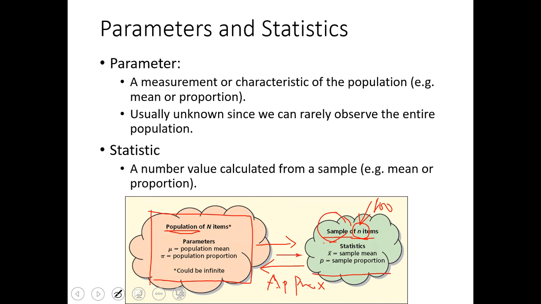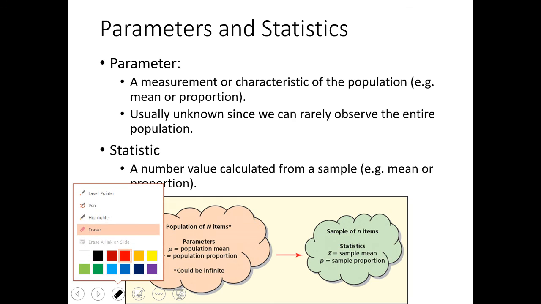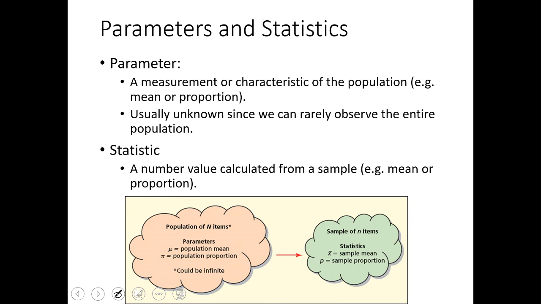Population information is so large and it is sometimes impossible to measure. So instead of studying all of the population data, we just select small samples, study them, and approximate and guess the population data. This approximation is called statistics.